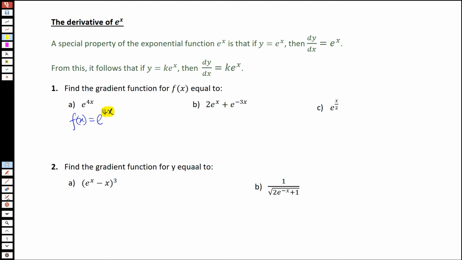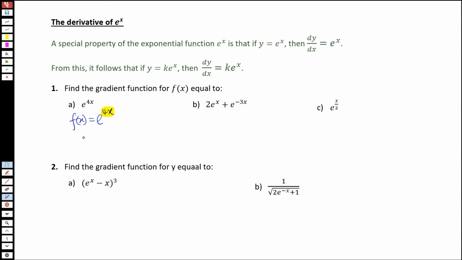So basically what we can do here is to find the derivative of the highlighted expression, which is 4x, multiplied by the derivative of e to power u. And we know that the derivative of e to power something is just e to power something.